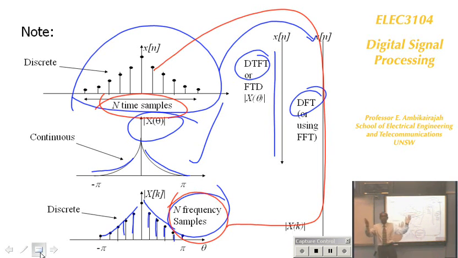If I took 1,000 samples, that means I'm looking at 1,000 frequency points. That means the unit circle 2 pi is divided by 1,000. So you can see the resolution delta is equal to 2 pi over N, and N is your number of samples.